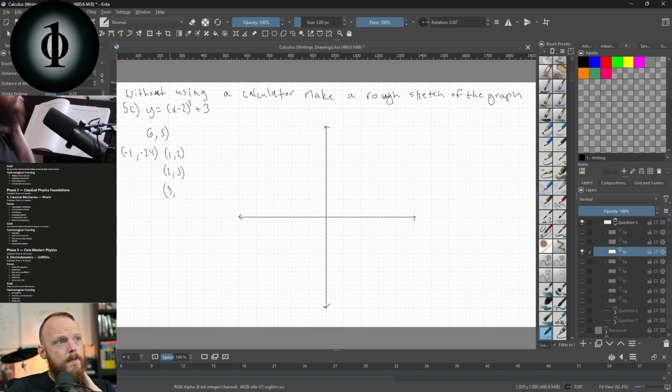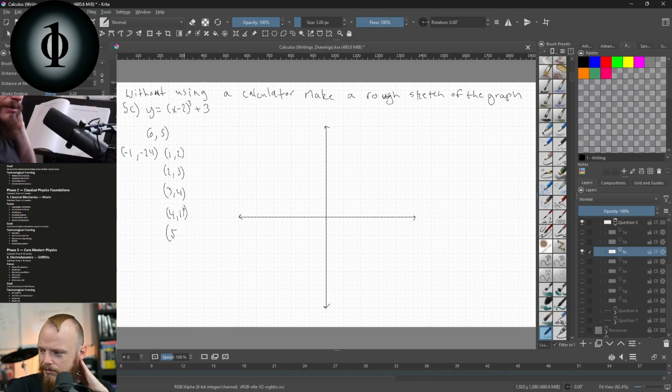For 3, 1 cubed is 1 plus 3, 4. Wow, this is a strange graph. For 4, 2 cubed is 8, plus 3, 11. 4, 11, and I believe 5 will be our last one here. So we increase by 1. 1, 1, 7.